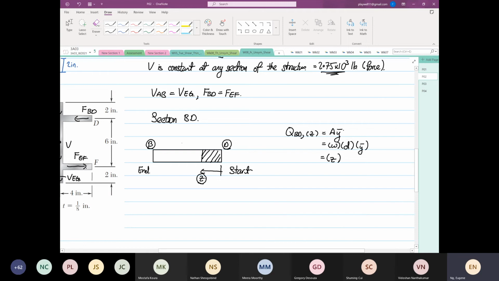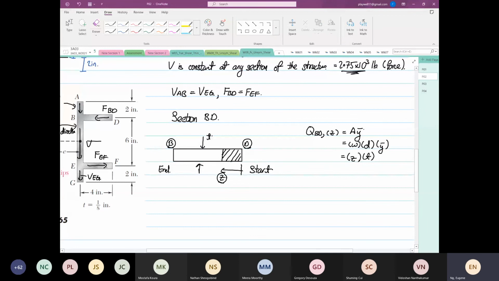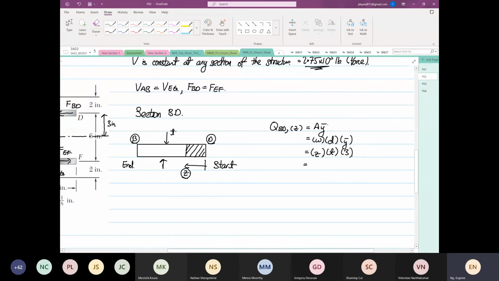The depth, the distance from here to here, is T. And the y bar relative to the centroid is 3 inches, so we multiply by 3. Removing the bracket, this is 3TZ.